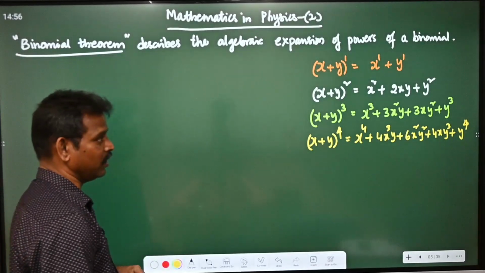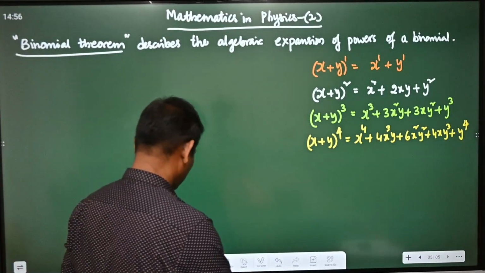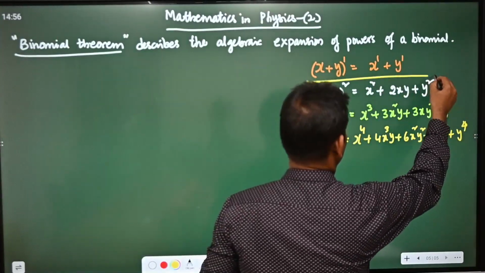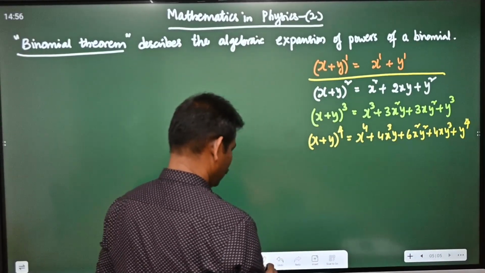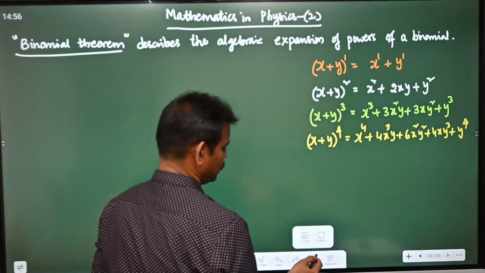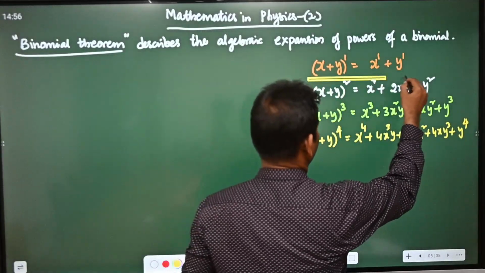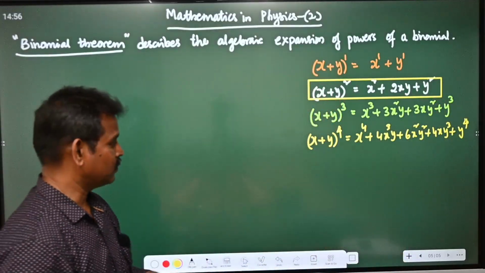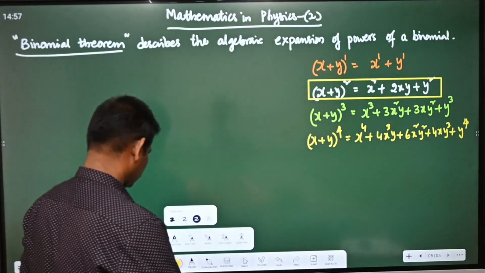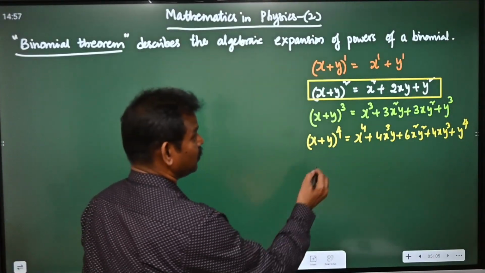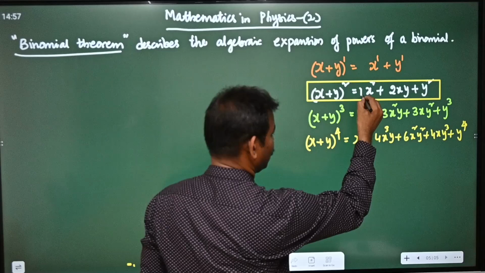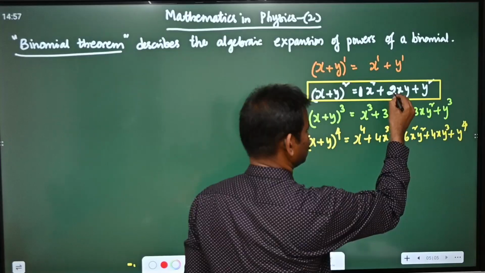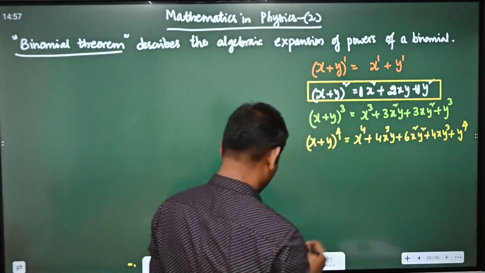But to find this, students, if you observe this expansion, first I will take the second order equation. x plus y whole square can be written as, because we are familiar with this one, we use it so many times. If you observe this, the coefficient of x square is 1, the second coefficient is 2, and then 1.